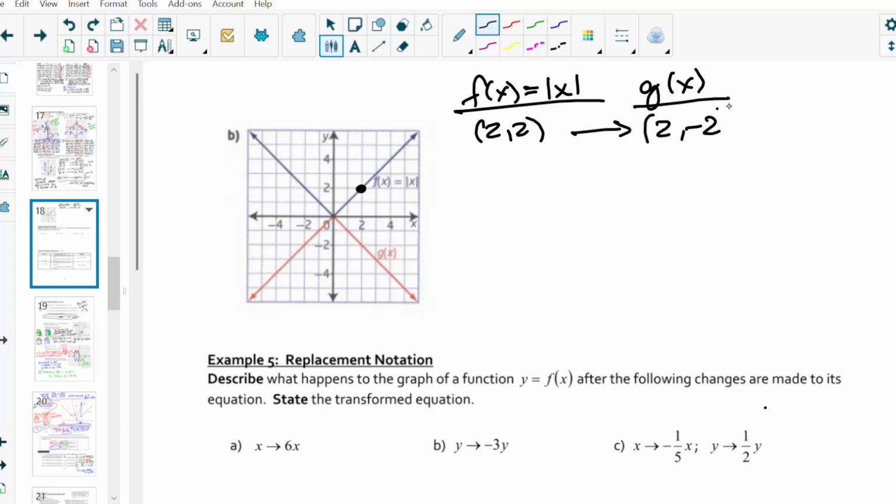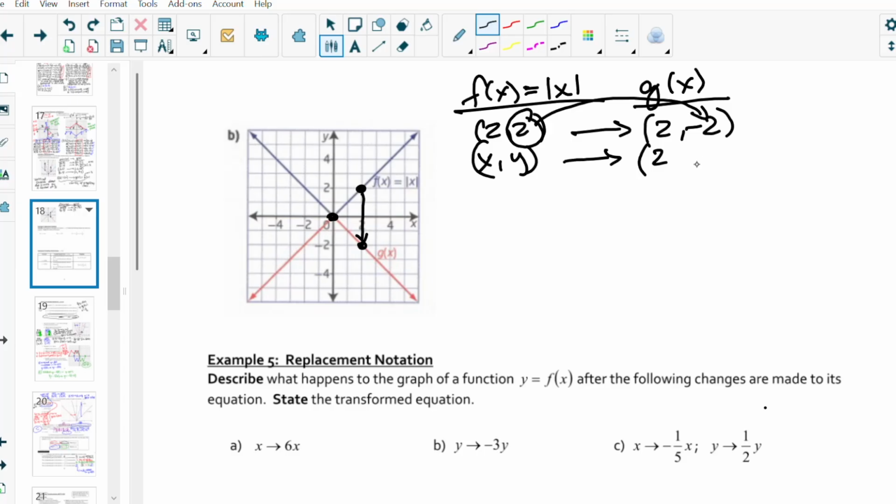What does it transform to? It goes to -2. So if we go down, again, vertex as a reference point, this looks like just a reflection. I don't see a stretch because the shapes look the same. It's just the orientation's different. So that's (2, -2). Well, (x, y), how do I go from (x, y) to the new mapped function? So (2, -2). From 2 to -2, what do I do?